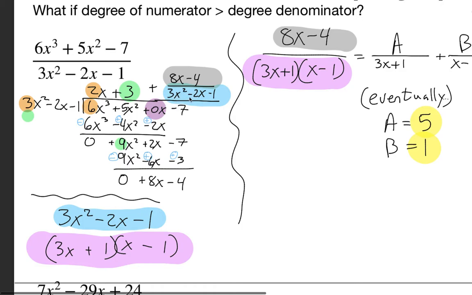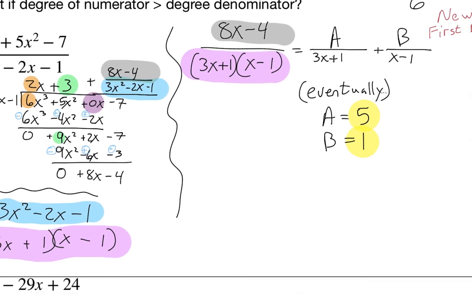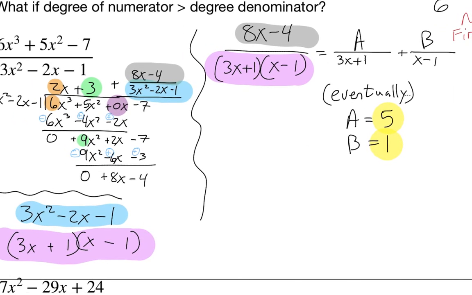We have to factor the denominator, and for factoring the denominator, I would use bottoms up. You can use whatever method you want. You get 3x squared minus 2x minus 1 is equal to 3x plus 1 and x minus 1. Those are going to be the new denominators here: 3x plus 1 and x minus 1.